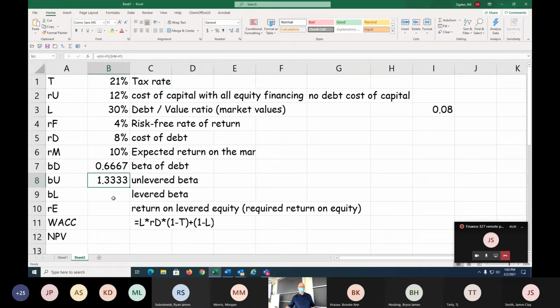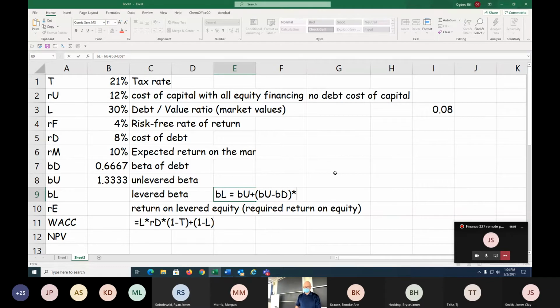All right, let's do the levered beta. And we're going to use an equation that looks like this. We're going to say beta levered equals beta unlevered plus then a premium. Beta unlevered minus the beta of the debt times the debt to equity ratio.